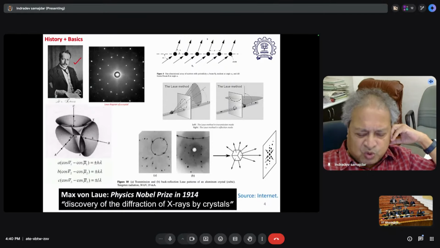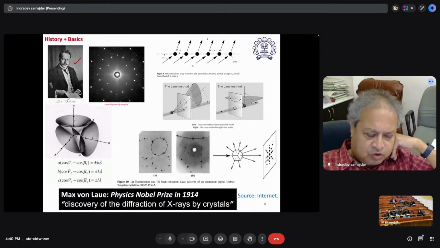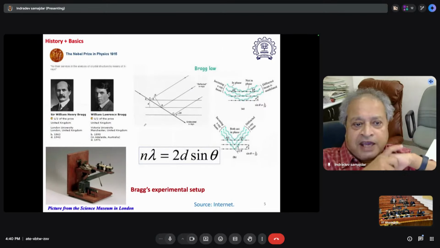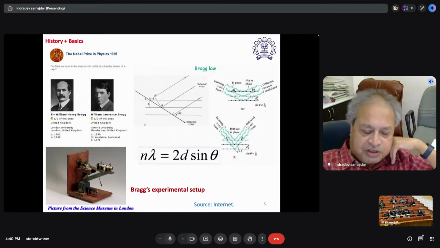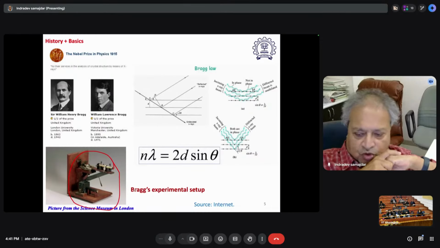Is it primitive? No. Trust me, because we use quite a bit of micro-Laue diffraction to measure XRD stress of single crystals. And this is non-trivial. Then came this father and son. Their XRD machine is primitive by today's standard, but the philosophy is the same. They told us nλ = 2d sinθ, path difference or whatever.